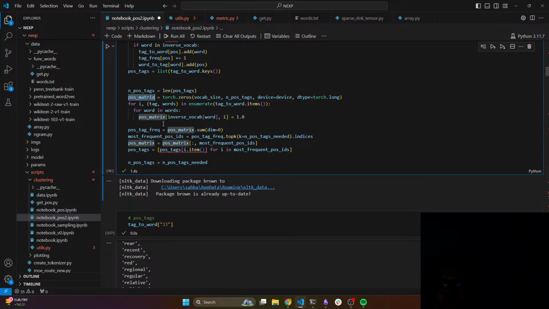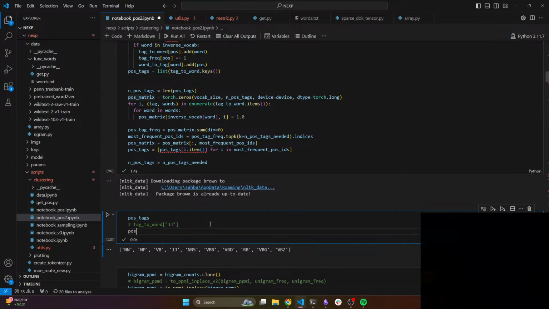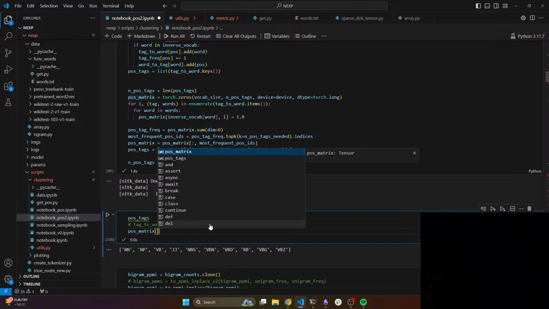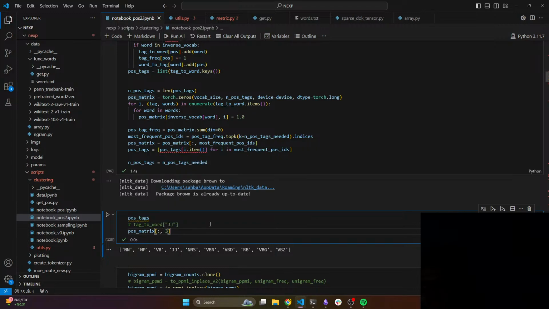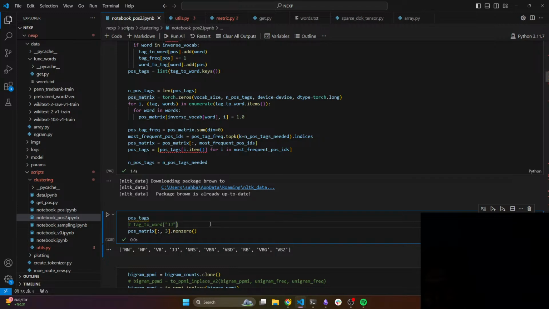POS matrix. What's this? 0, 1, 2, 3, right? So POS matrix, 3, dot nonzero, into words.